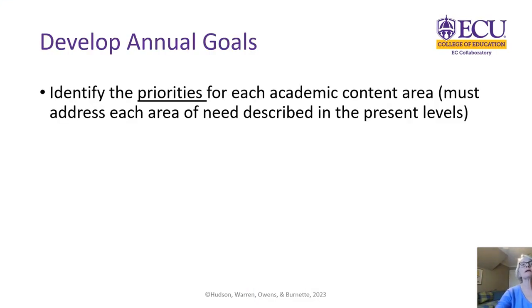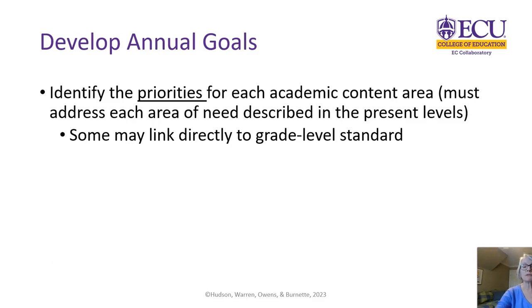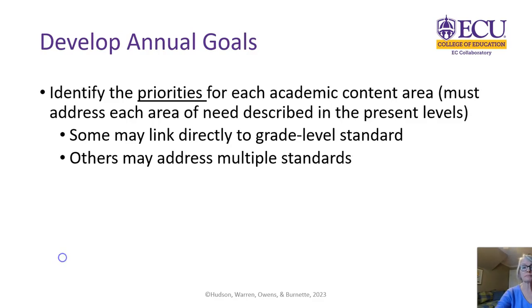Now let's talk about writing annual goals for the standards-based IEP. You'll first want to identify the priorities from each academic content area. Remember that these annual goals must address each area of need described in the present levels. Some of these annual goals may link directly to the grade level standard.